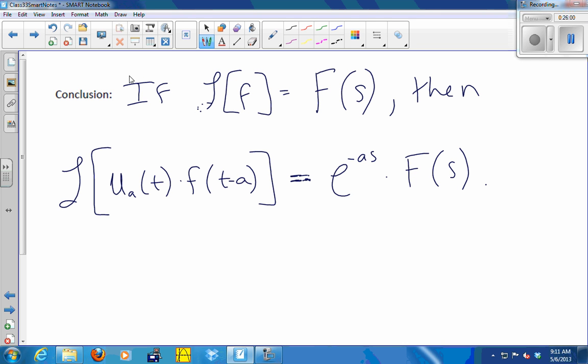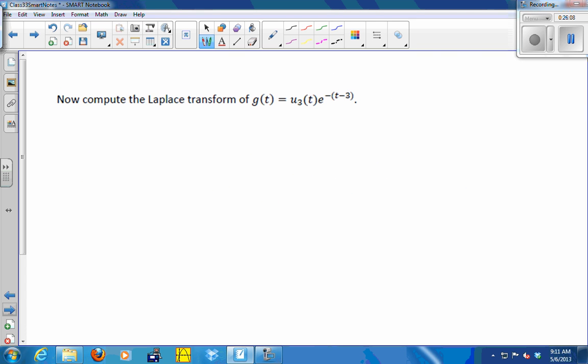So if we use this formula for a particular example, the one that I actually showed you the graph for, I'm going to write the formula down again. The Laplace transform of u sub a of t times f of t minus a.